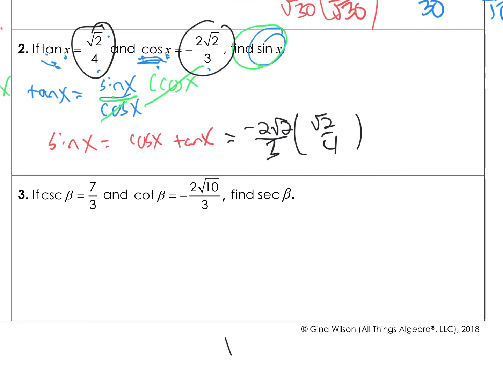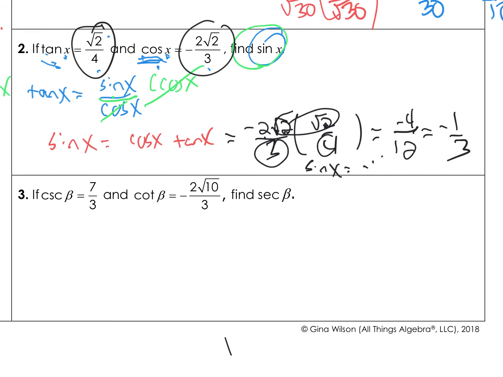Put that together, it equals negative 2 times the square root of 2 times the square root of 2, which means the square root of 4. Those two just cancel out the radical. So that's a negative 2 times a 2, that's a negative 4 over 3 times 4, which is 12. That reduces to negative 1/3. So sine of x is negative 1/3.